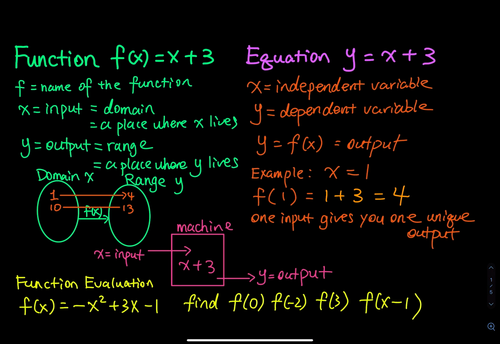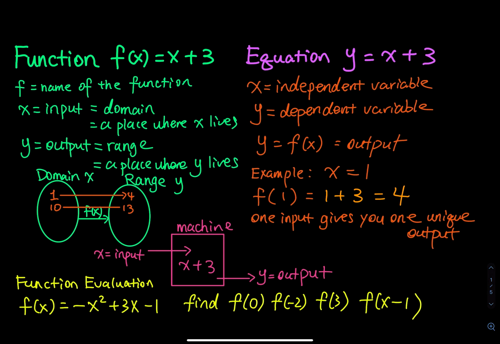Every time you press one key inside the domain, you get one output, one light in the range. Once again, one input gives you one unique output. You press another key, then you get something else. But every time you press one key, you get one light only.